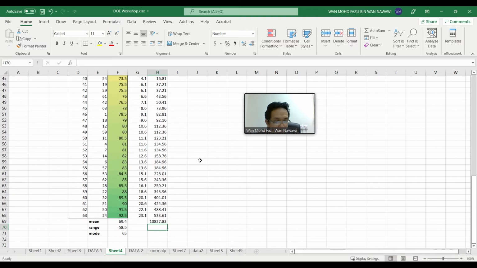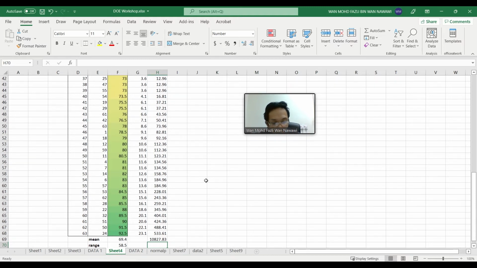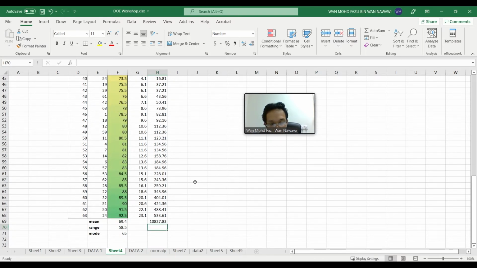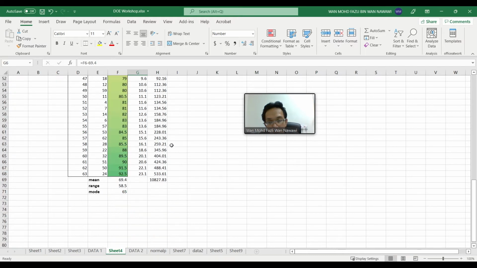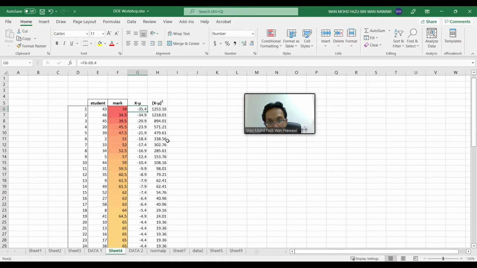So you get 108 something. This is not right, 23.92 like that. 108, 109 is a little bit different. This is 99.4, so it is minus this 99.4.